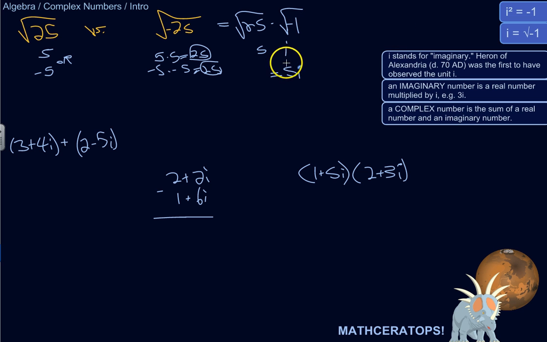All right, so that's what i stands for. So i is the square root of negative 1. Or actually, the technical definition of i is that i squared is negative 1. So therefore, i is the square root of negative 1.